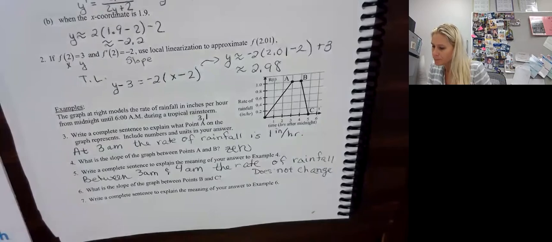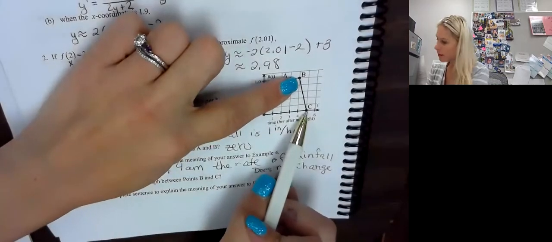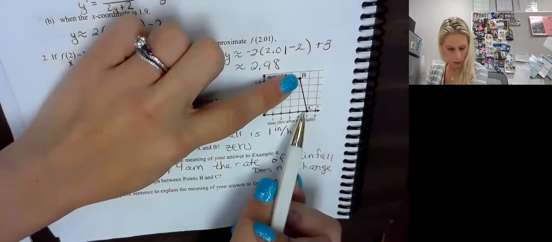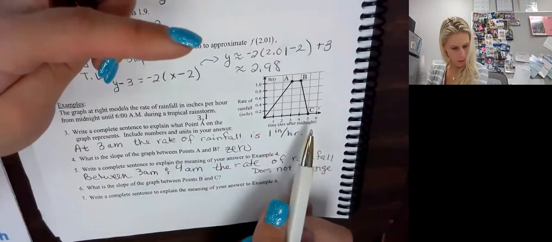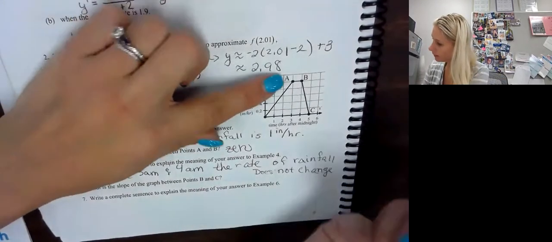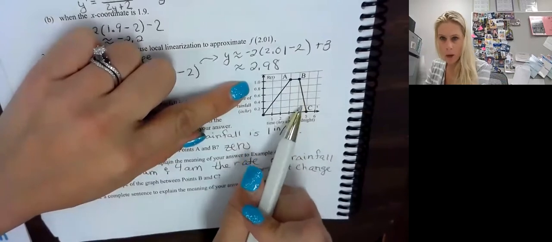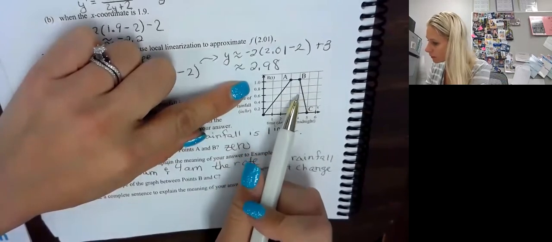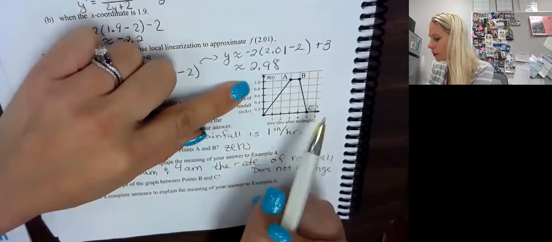All right. What is the slope of the graph between points B and C? So if we look at this and we go, let's see, what is the slope? Alrighty. Well, it's negative, right? Now, here's the thing. Look at our y. Don't just count. We don't want to say 1, 2, 3, 4, 5 over 1. Look at our change.